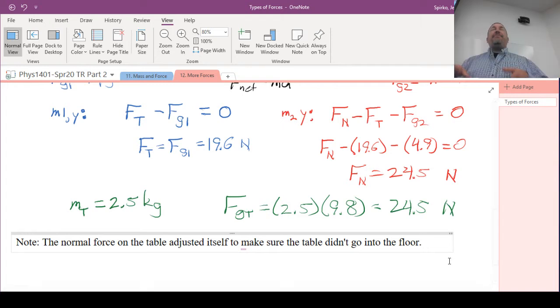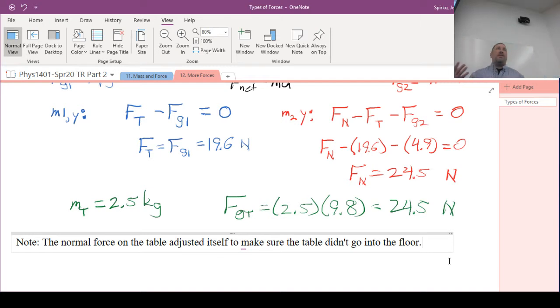If there was no hanging mass, then we would have just had this Fg2 and the normal force would be 4.9. But when you actually hang this mass, it puts more weight on the legs of the table, so the floor automatically pushes back harder.